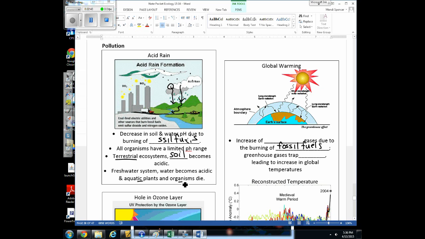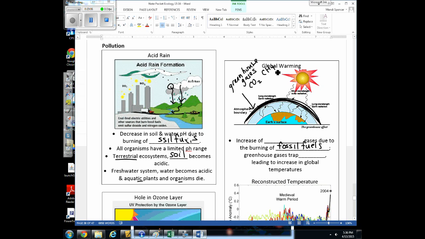Now, when we're talking about global warming, there's a layer of gases that kind of blanket the Earth, and those are known as greenhouse gases. So some examples of greenhouse gases: CO2 is a greenhouse gas, and methane is a greenhouse gas.